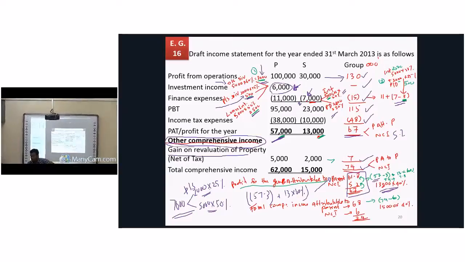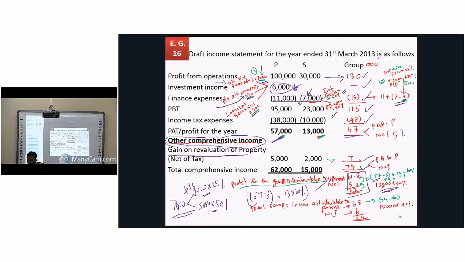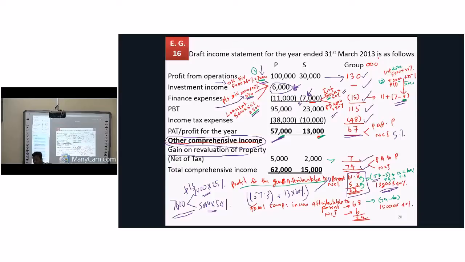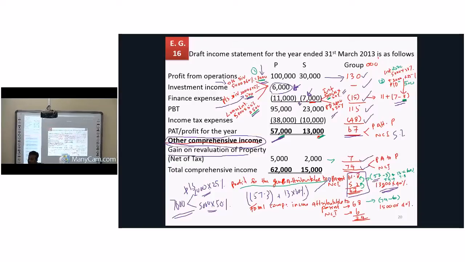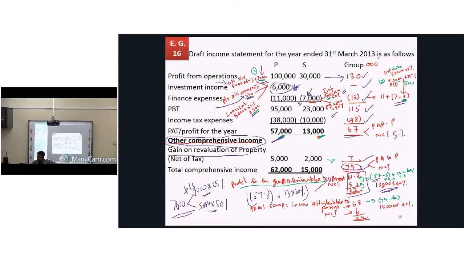So if there is total comprehensive income, how to take that? Now total profit after comprehensive income is 74, right? So now this 74 should be split. Understood?